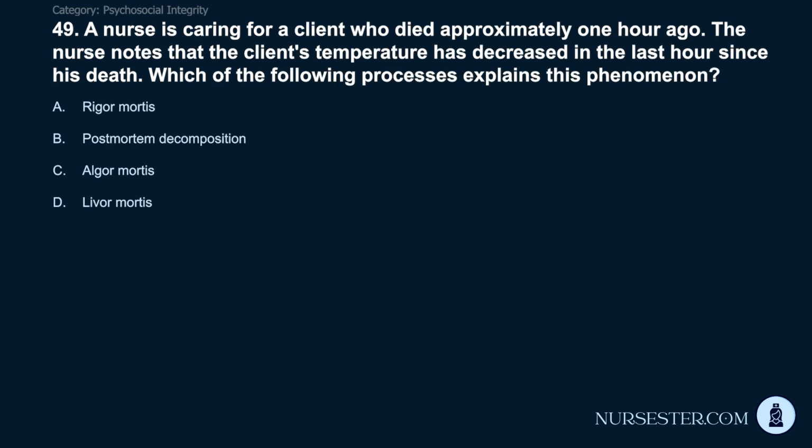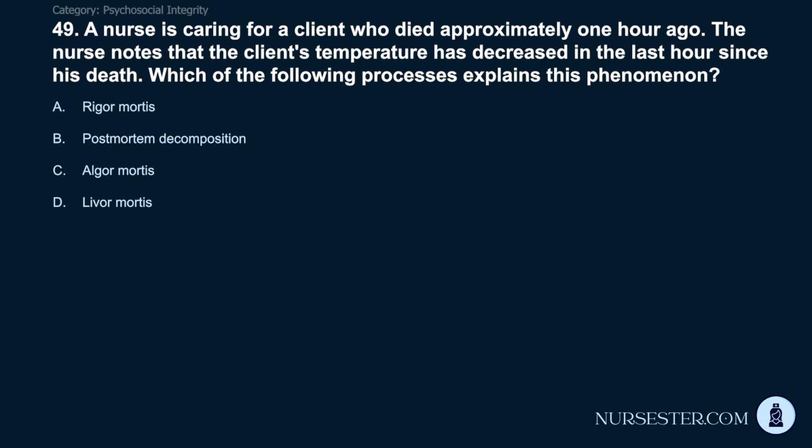49. A nurse is caring for a client who died approximately 1 hour ago. The nurse notes that the client's temperature has decreased in the last hour since his death. Which of the following processes explains this phenomenon? A. Rigor mortis. B. Postmortem decomposition. C. Algor mortis.